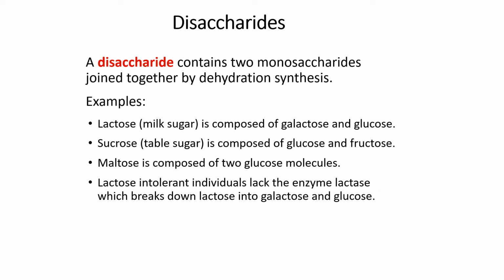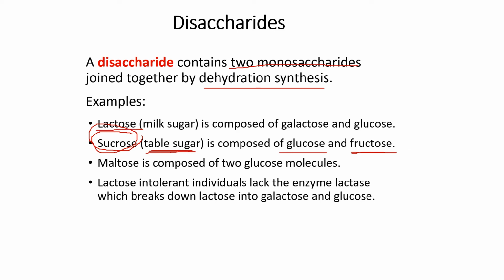Disaccharides are 2 monosaccharides linked together by the dehydration synthesis reaction. So there'll be one covalent bond between those 2 monosaccharides. The most famous one is sucrose, and that's because it is table sugar. It is composed of 1 glucose plus 1 fructose, so those 2 are bound together.